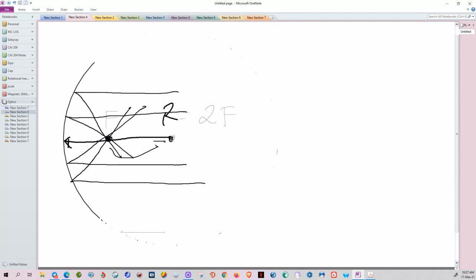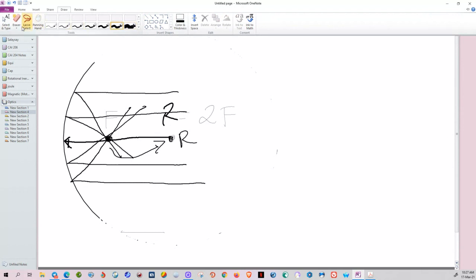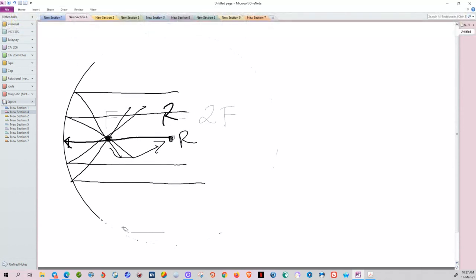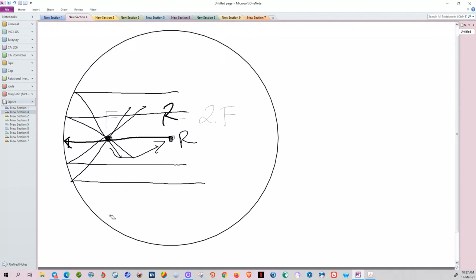If you double that focal point, it will become the radius of that circle. Well, what circle are we talking about? That circle there. Okay, so a curved mirror, convex or concave, is actually part of a complete circle, assuming that your mirror is, of course, perfect. Any questions, Shabab? Any questions?